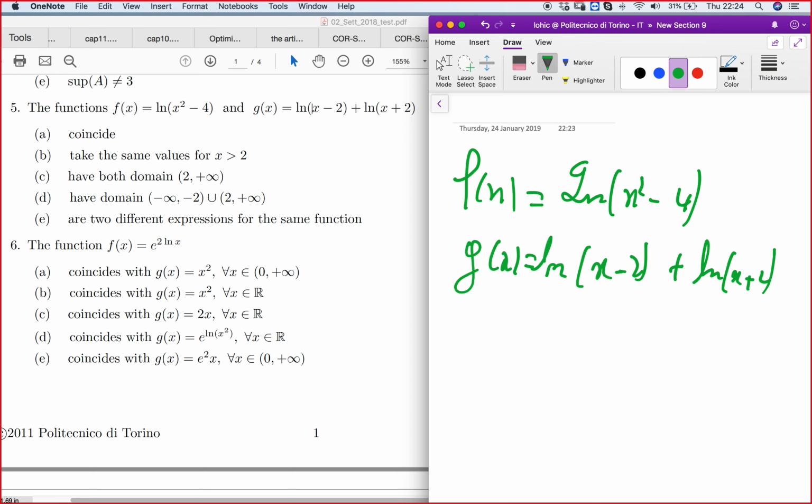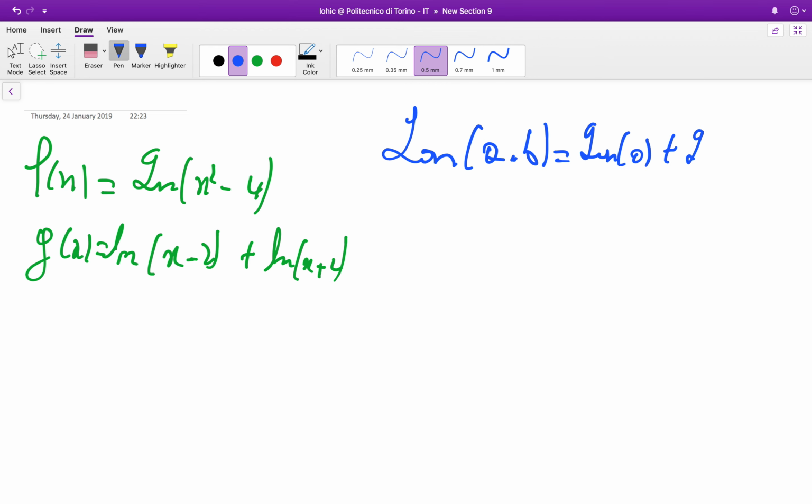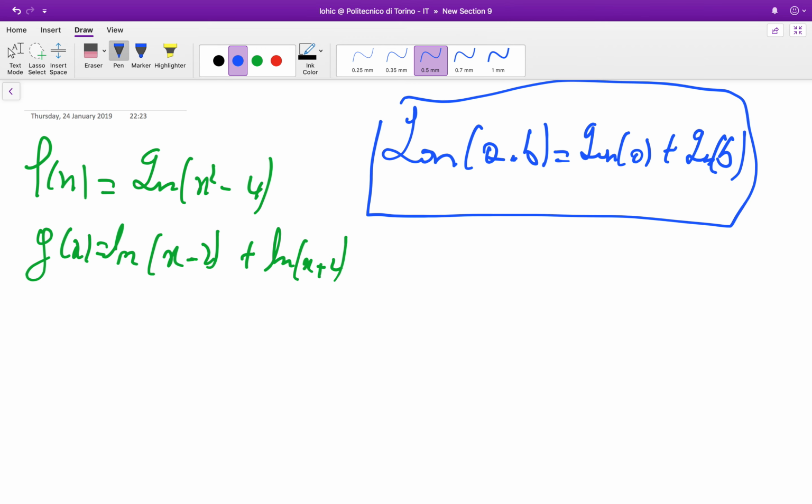Okay, look, something I want you to know is the rule saying that the logarithm of a times b is the logarithm of a plus the logarithm of b. You know this? Okay. So pay attention to this rule, because of why they are asking this question.